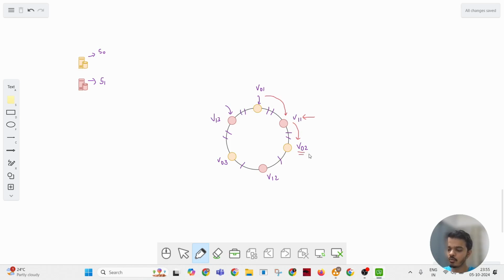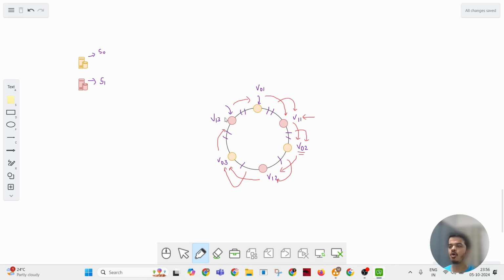You go in the clockwise direction, and whichever virtual node you find next, the key would be mapped to that particular virtual node. This particular region belongs to V11, this region belongs to V02, this region belongs to V12, this region will belong to V03, and so on.